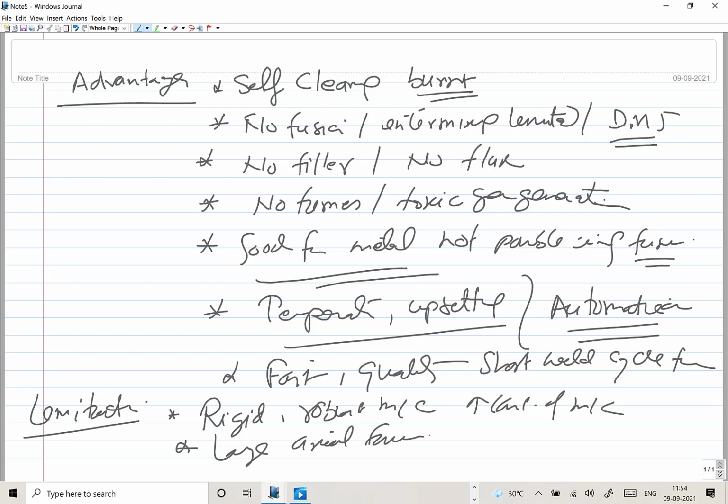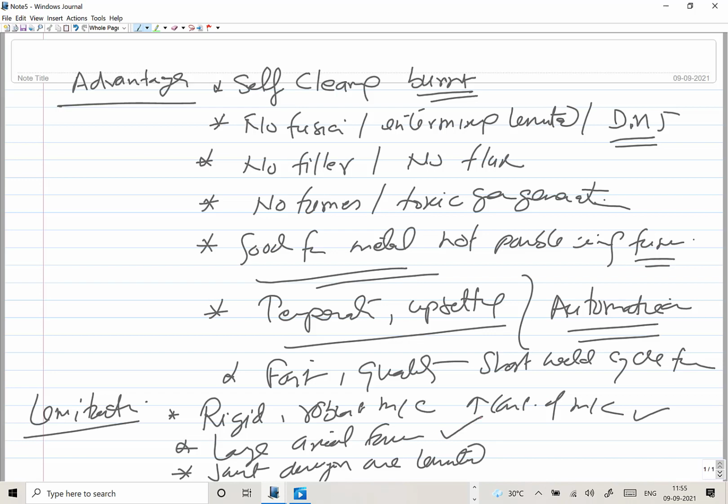The joint configurations or joint designs that can be developed using this are very limited. And as I said, these are some of the limitations: the rigid and robust machines are very costly.